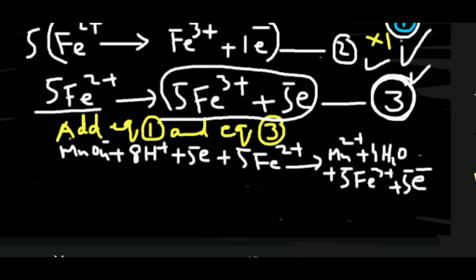Now we can see that we have 5 electrons on the reactant side and 5 electrons on the product side, so they will be cancelled.